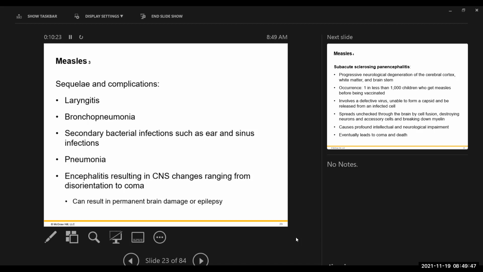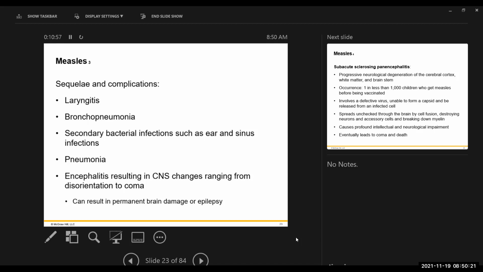SSPE is not very common, but if it occurs, the child's chance of dying is pretty high. Equally, their chance of permanent disability is very high. Another life-threatening complication is something called giant cell pneumonia. Rare, but life-threatening.